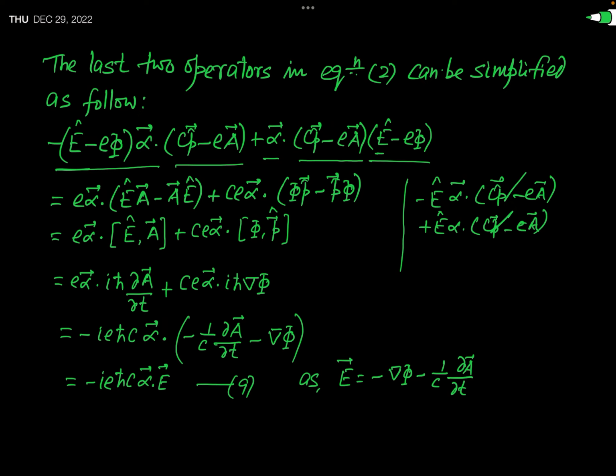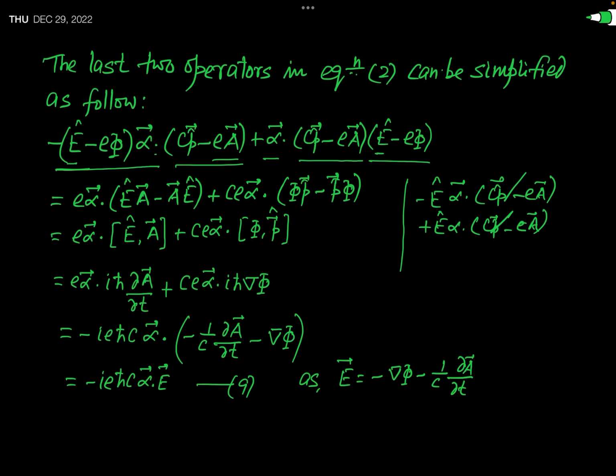Now the remaining terms will be what? When you take the product of minus e alpha with this minus eA, minus times minus will be plus, and this will be e alpha dot eA.